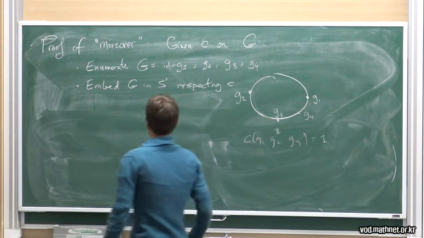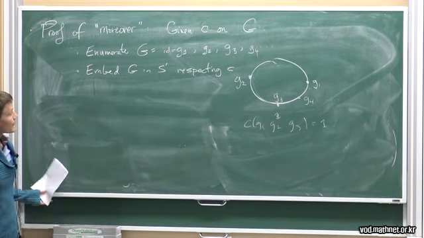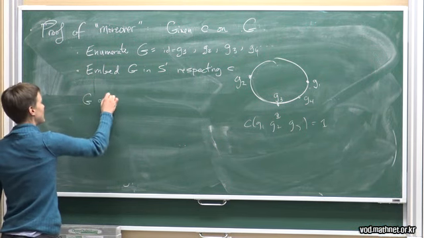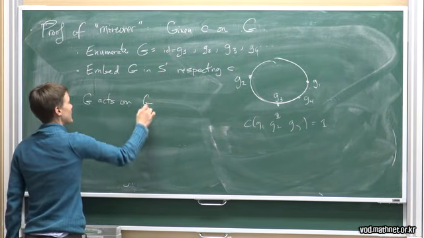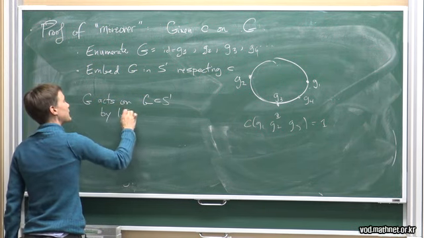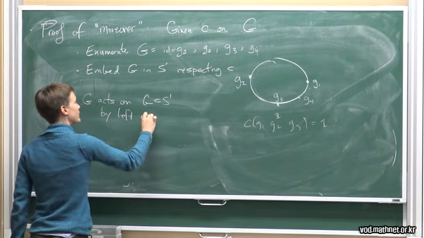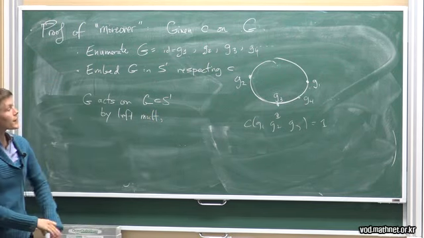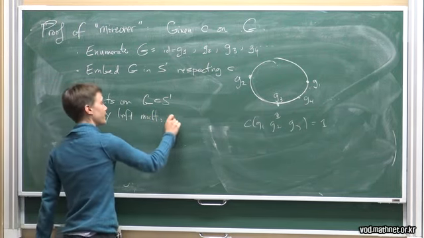Okay, so now G acts on itself, which I've now identified with a subset of the circle, by left multiplication, preserving the order.